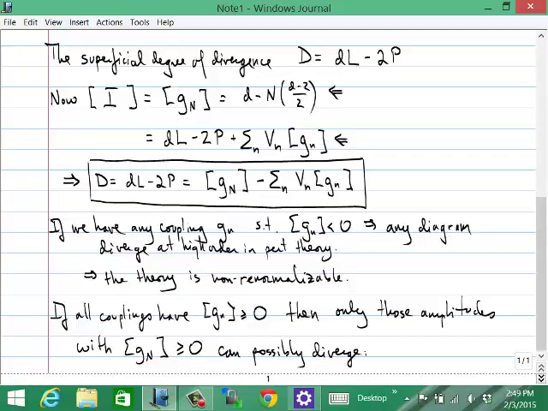Because as you go higher and higher order in perturbation theory, D is going to get smaller. And so the degree of divergence of a given diagram is going to get lower and lower and lower as you go to higher and higher order in perturbation theory. The exception being if you have a dimensionless coupling constant, then you could have diagrams that are equally divergent at all orders in perturbation theory.